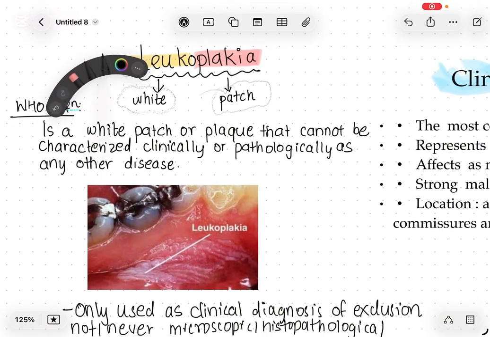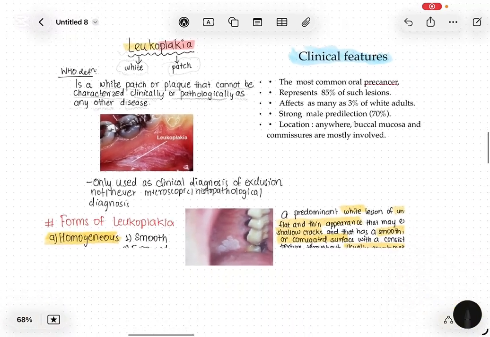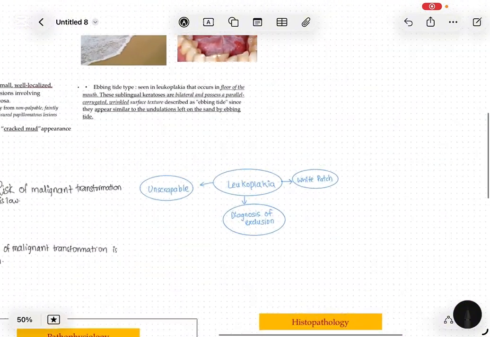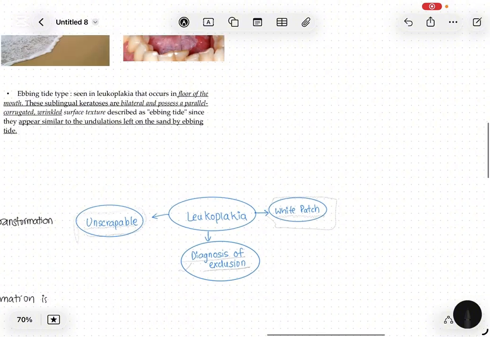The WHO definition is a white patch or plaque that cannot be characterized clinically or pathologically as any other disease, and which cannot be scraped off. Leukoplakia is an unscrapable white patch, a diagnosis of exclusion. We have to exclude any other condition: it is a white patch and it is unscrapable.